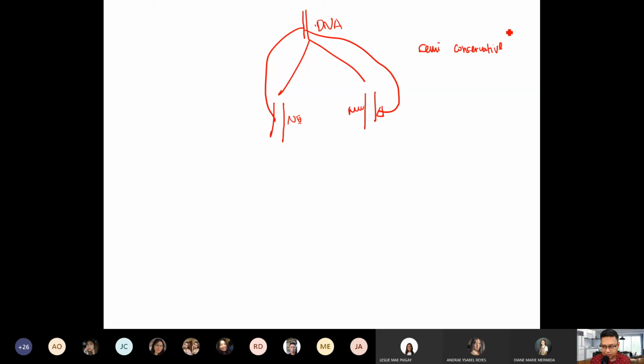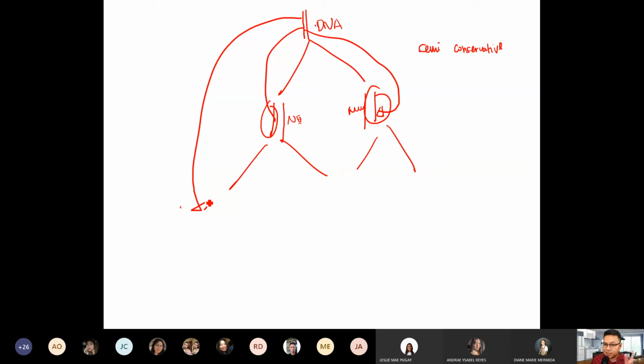What does it mean? It means that the DNA from the very first cell is still carried along the lines. The old DNA is not lost. Even when it replicates again in this generation, one of them will still carry DNA from the first part. Now, what is bad about this?